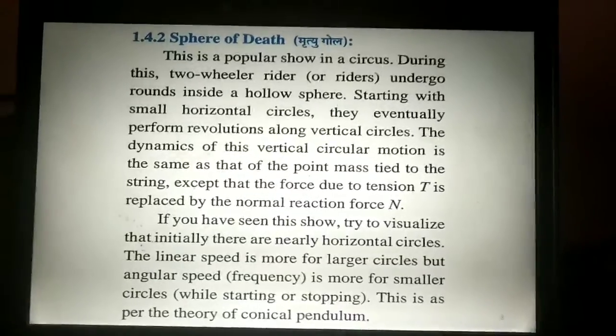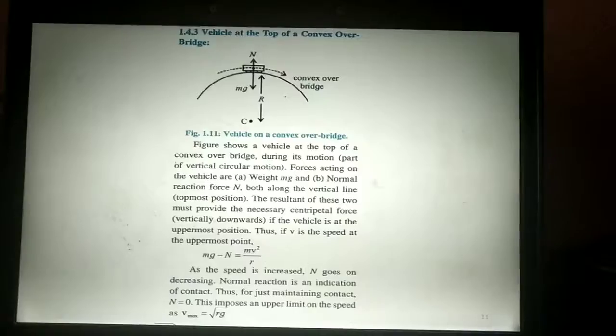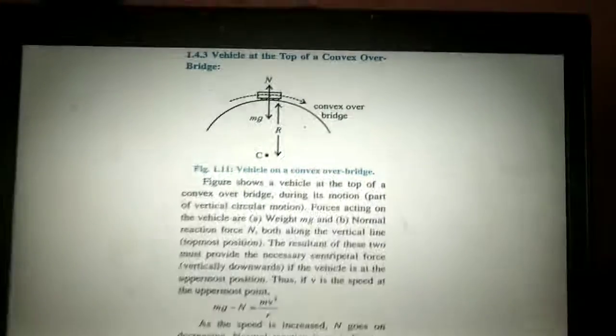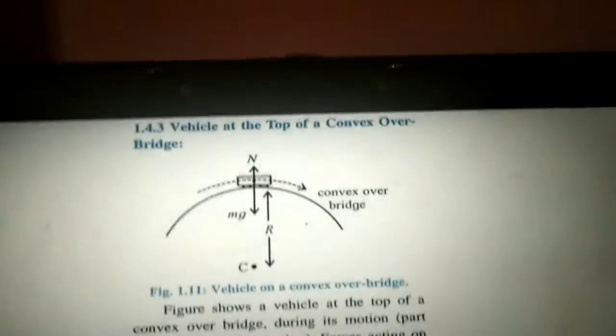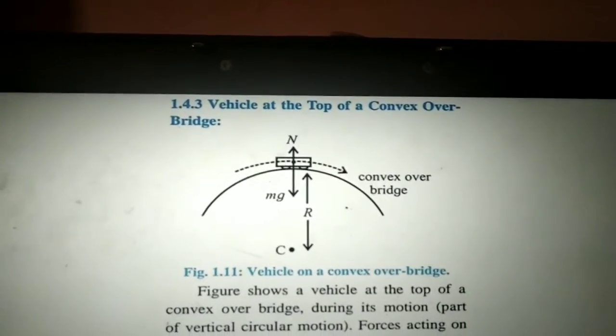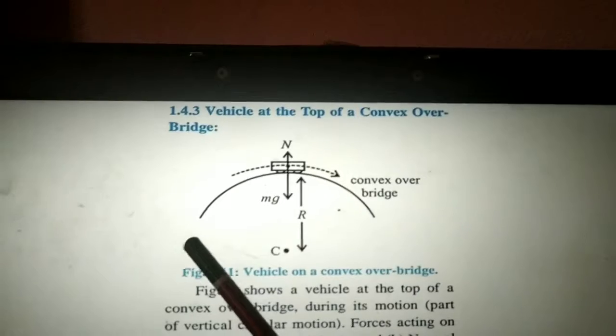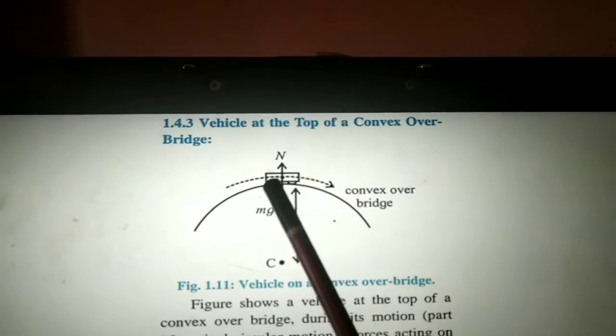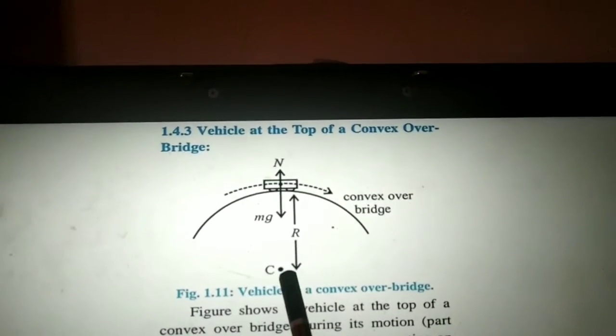Now the next case is a vehicle on the top of a convex bridge. Here one convex bridge is shown to you, the vehicle is at this point, and the center of the bridge is over here.